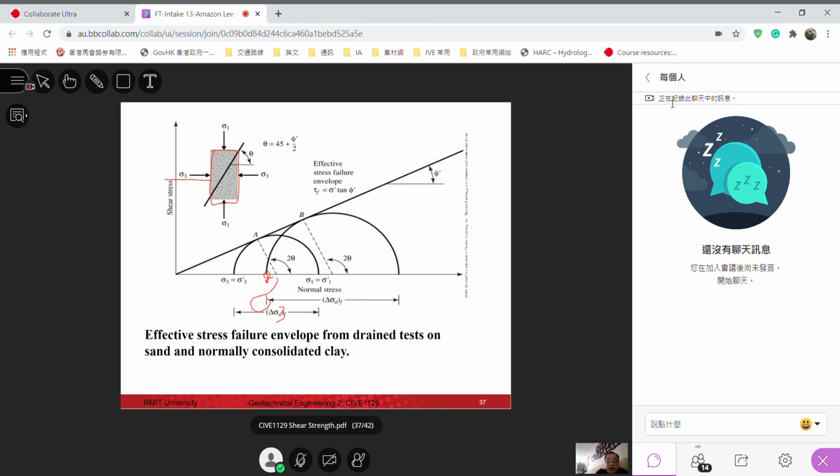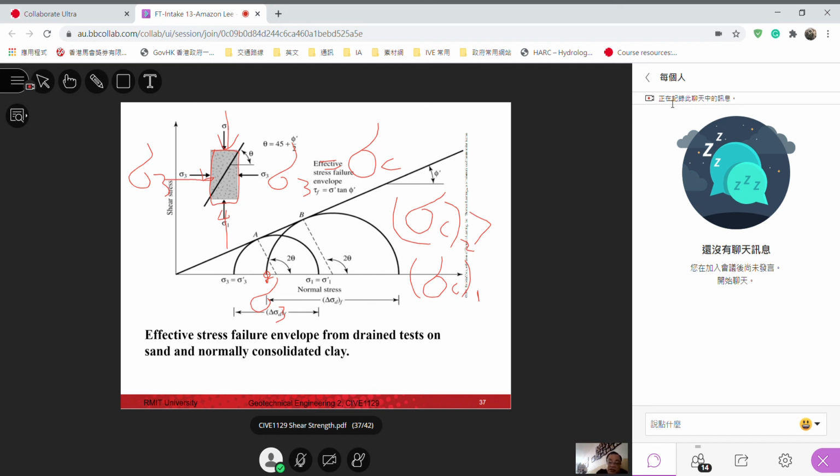The confining pressure for the second test is higher than the confining pressure of the first test.